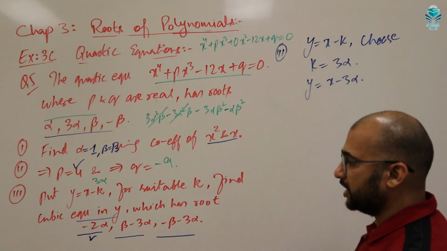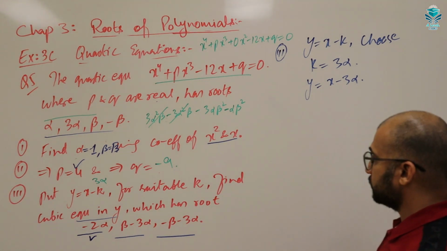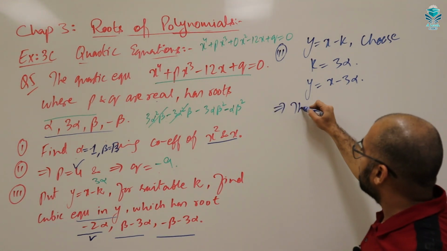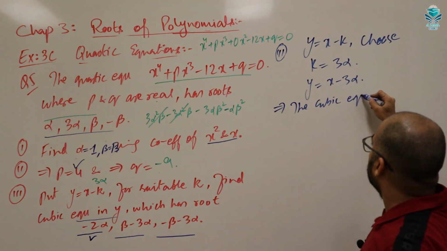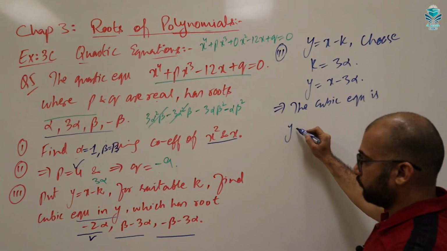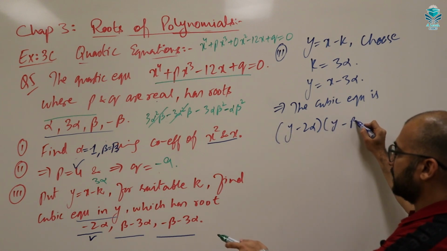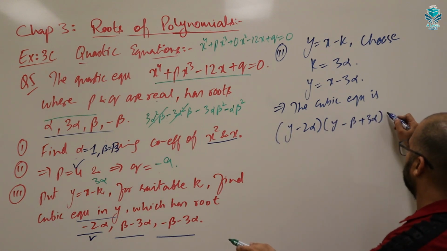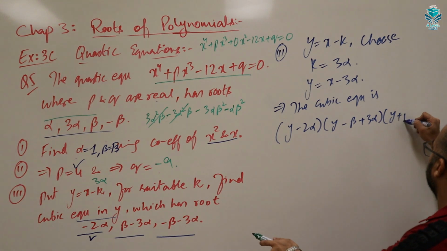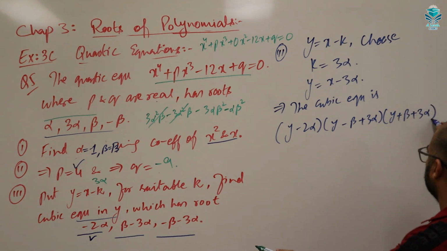So students, we are given the three roots, so the cubic equation is y minus 2 alpha, y minus beta plus 3 alpha and y plus beta plus 3 alpha.